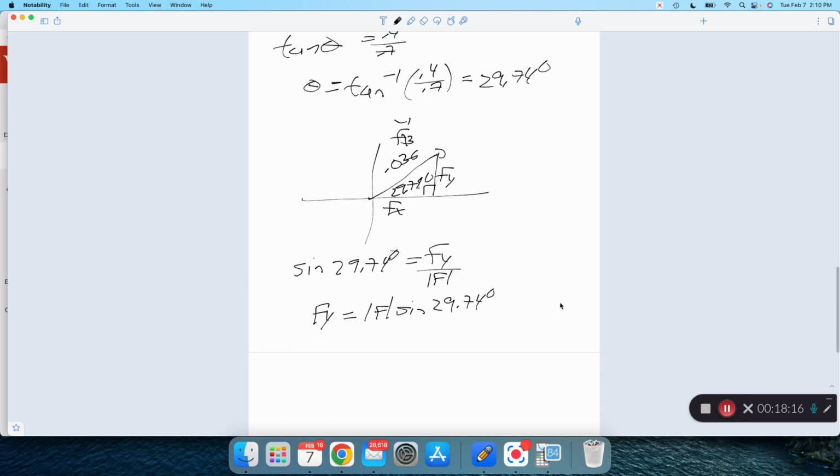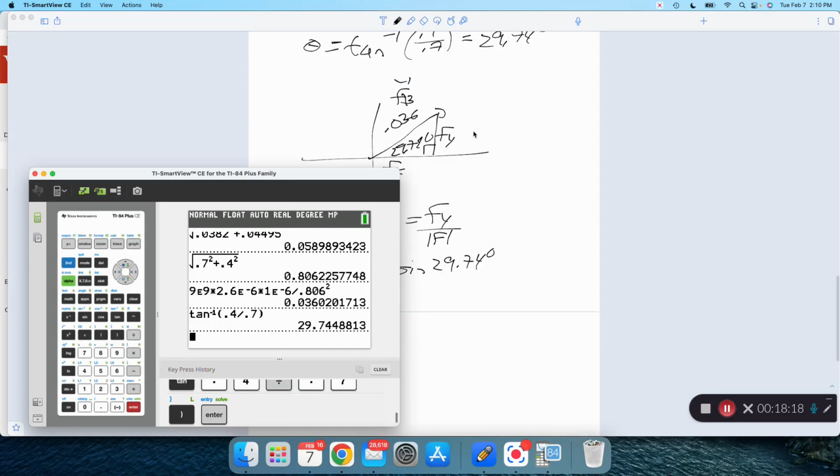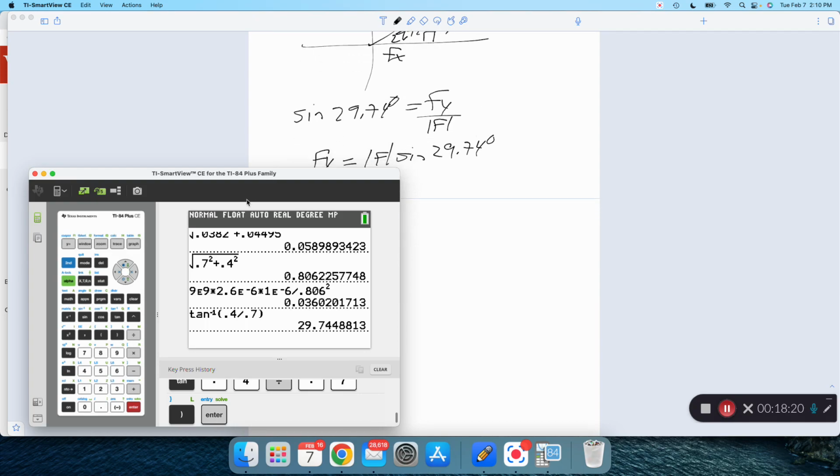All right, so let's type this in our calculator. The magnitude, which is on my screen now, times sine of 29 point. Oh, no, sorry, I lied. That is the angle.